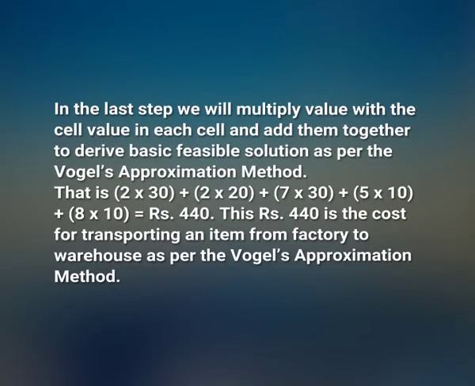In the last step, we will multiply the value with the cell value in each cell and add them together to derive the basic feasible solution as per the Vogel's approximation method, that is 2 multiplied by 30 plus 2 multiplied by 20 plus 7 multiplied by 30 plus 5 multiplied by 10 plus 8 multiplied by 10, which is equal to rupees 440.